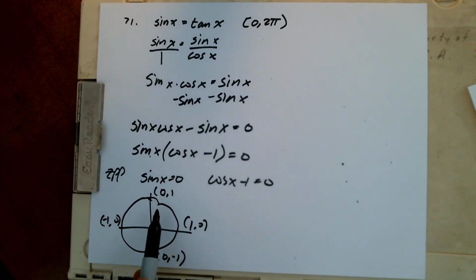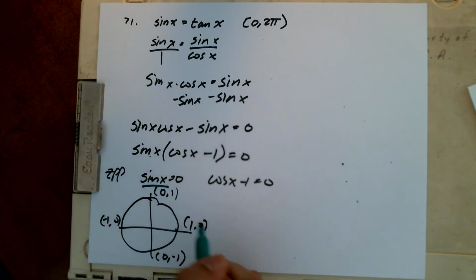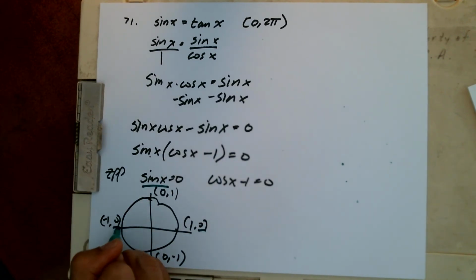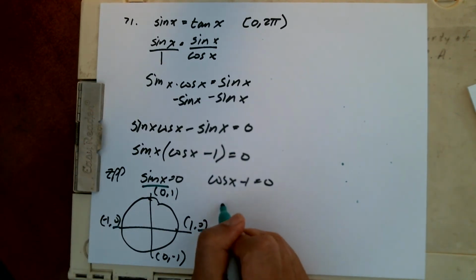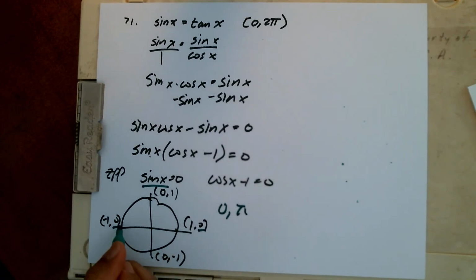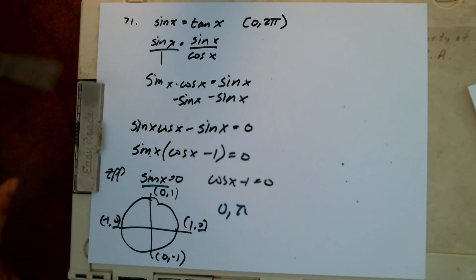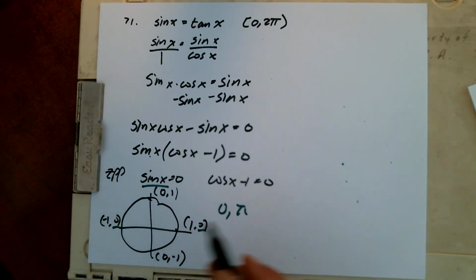So in the y direction, it's 0 here. I'm going to use the green pen. The sine value equals 0 at the y value here and here. So it's going to be 0 and pi. This is pi radians, straight across. And then let's solve for this equation.